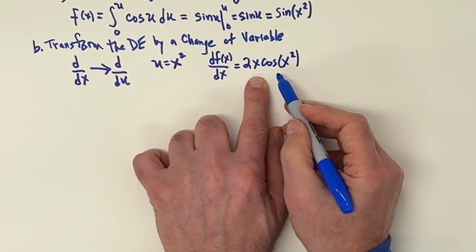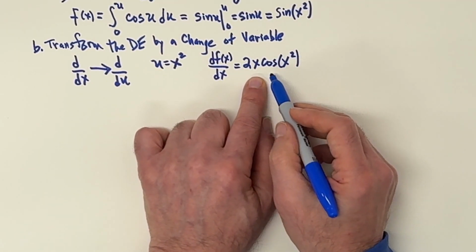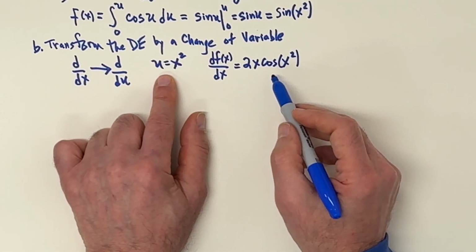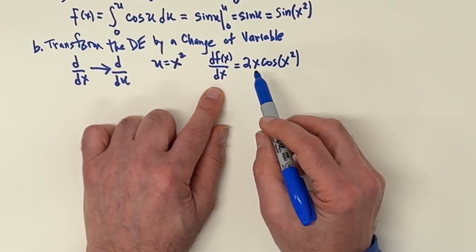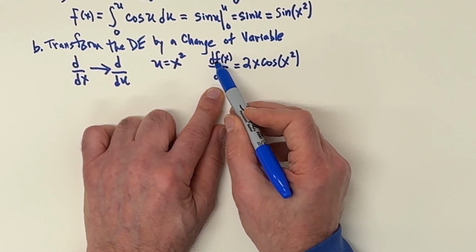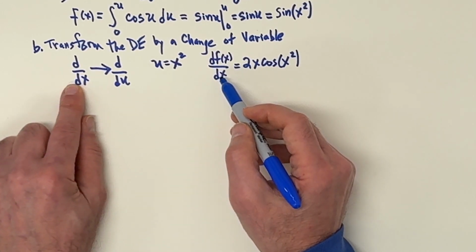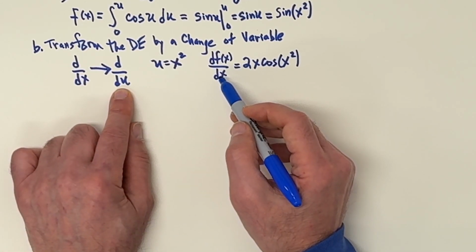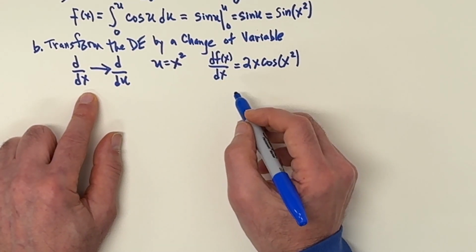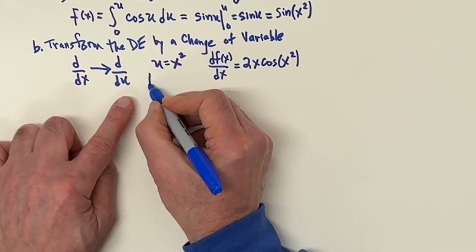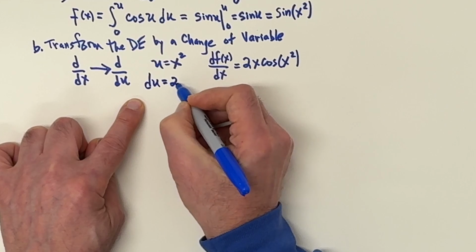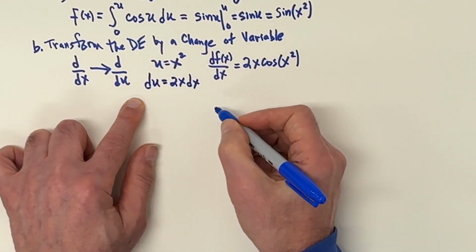This is the original differential equation, and now I'm going to make this substitution at the differential equation level, so I have to understand how to transform d/dx into some d/du. To do that, we're going to notice that du is 2x dx.